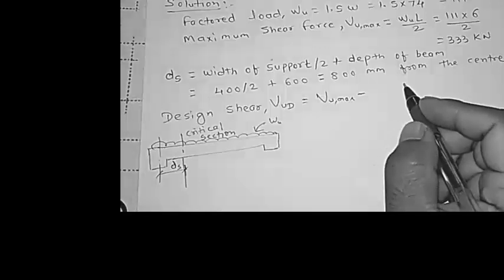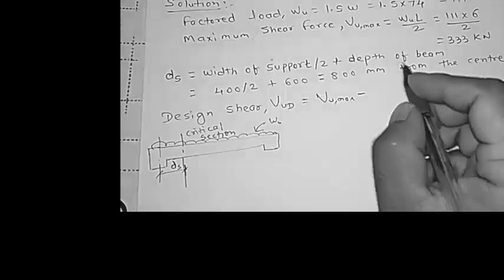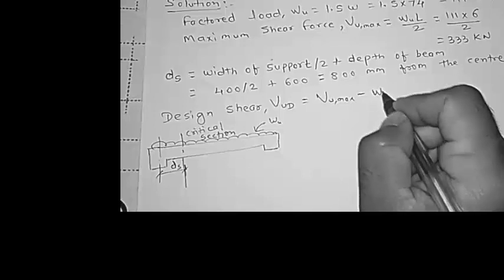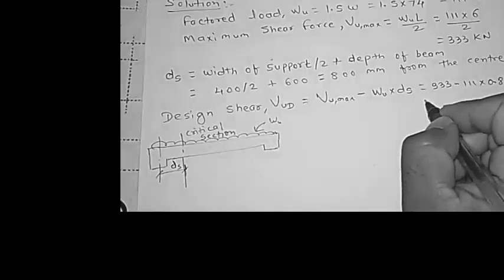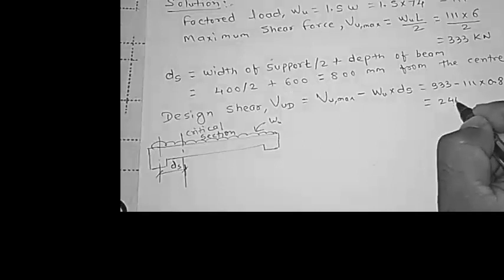We need to deduct this distance so that we get the design shear. So Vu max minus Wu into ds equals 333 minus 111 multiplied by 0.8. If we calculate, we get around 244.2 kilonewtons. So that's it.